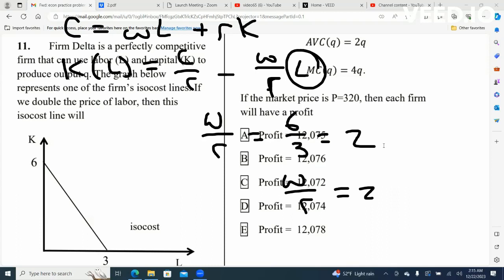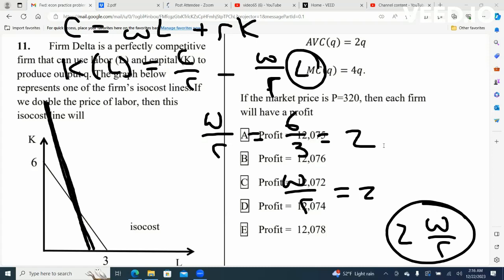If we double the price of labor, then this ISO cost line is going to become steeper. All we've said is that we now have 2W over R. And it's negative, so it becomes steeper.